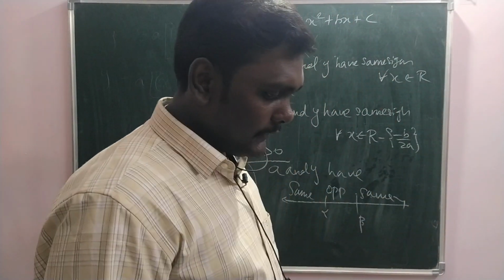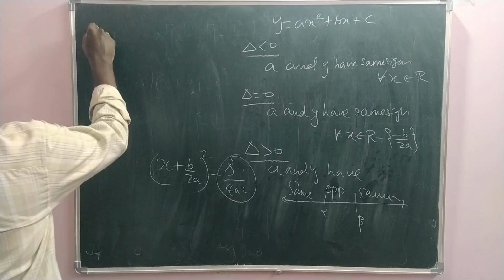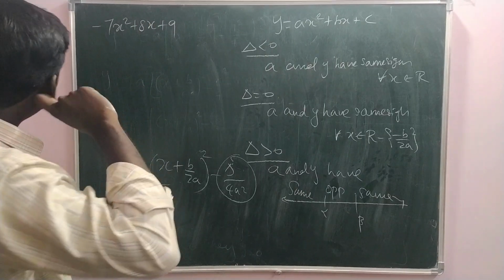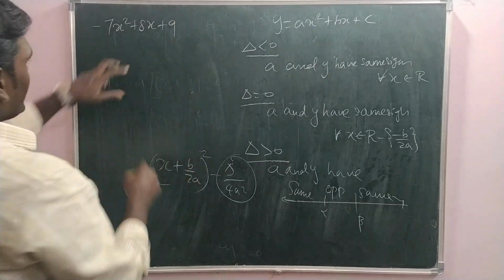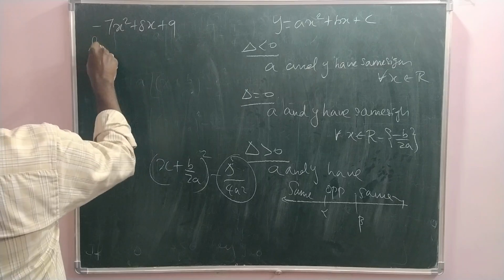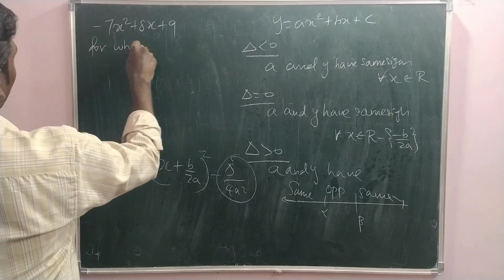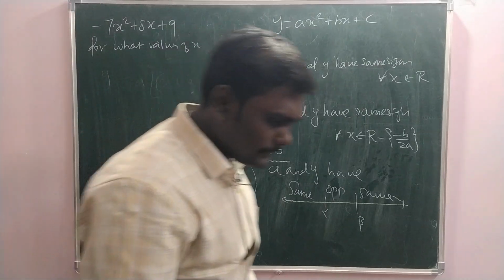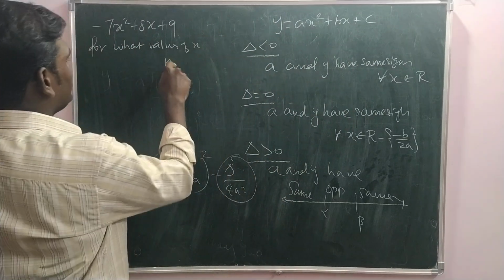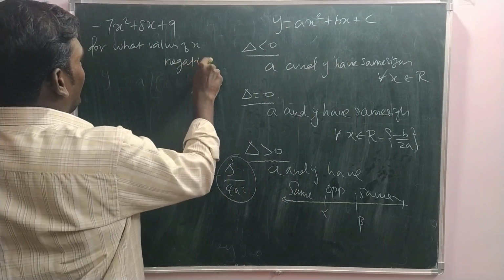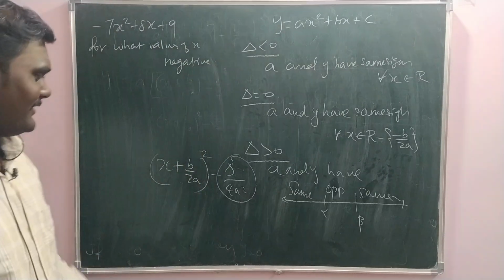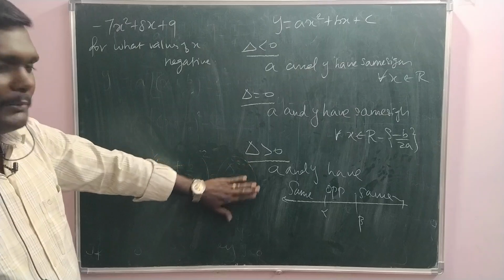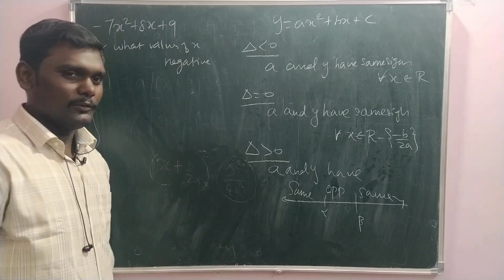For what values of x is the expression minus 7x square plus 8x plus 9 negative, like they are asking. First of all, we don't know who this is. How can we determine its sign? First, look at the leading coefficient.